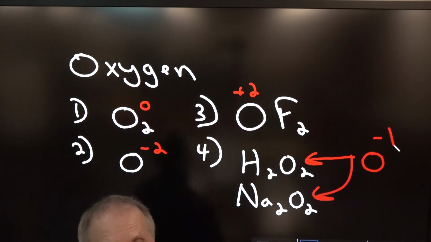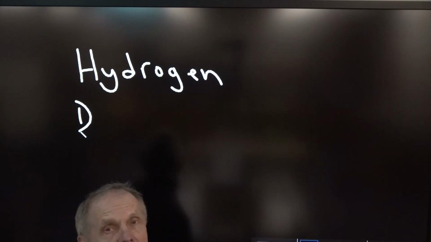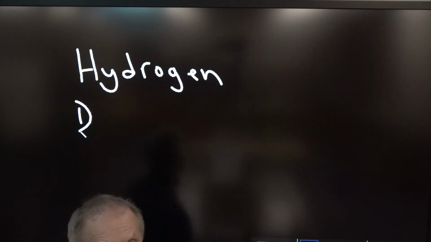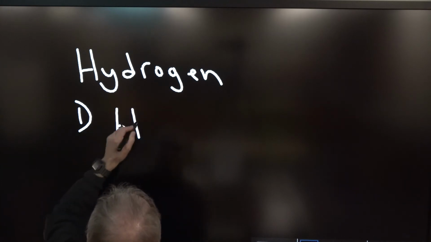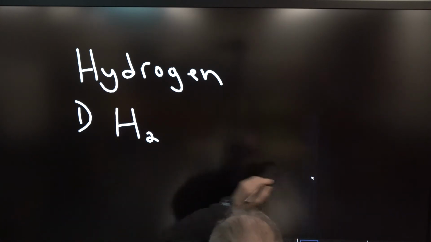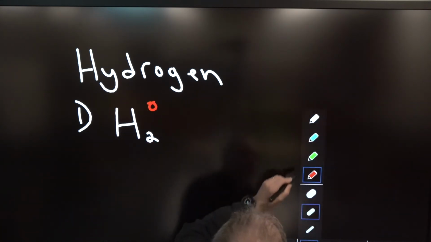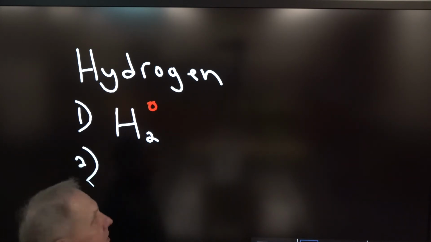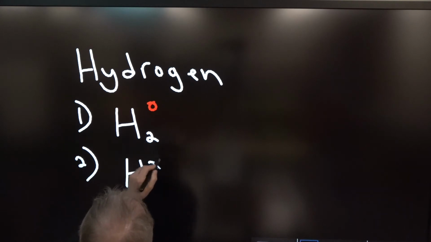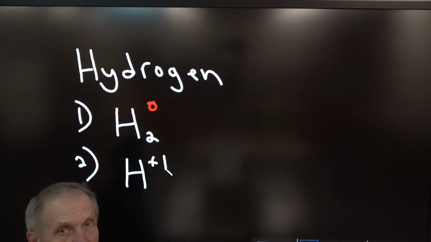All right, now let's do hydrogen. Hydrogen, number 1, if it's a diatomic gas, all diatomic gases are neutral. Okay, number 2, most of the time hydrogen has a +1 charge.